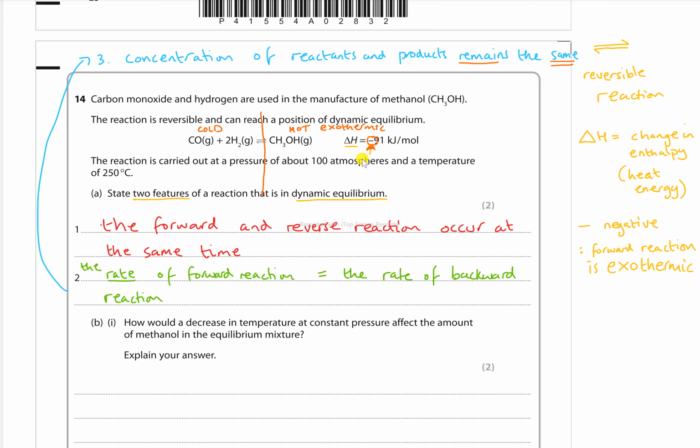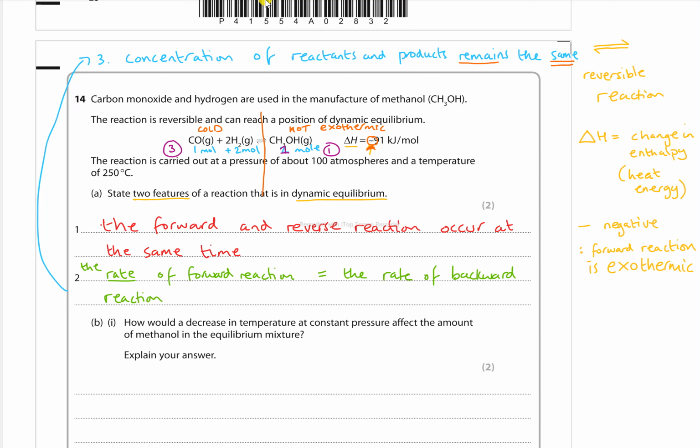Now on the other side, we've got 1 mole of this plus 2 moles of this gives 1 mole of this. You have 3 moles here and 1 mole here.